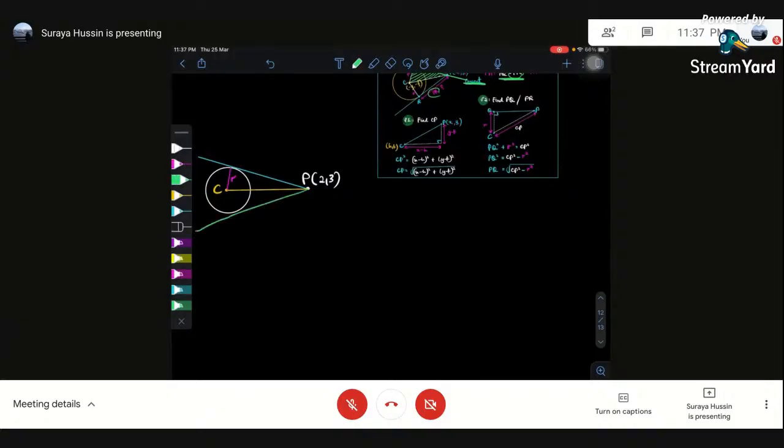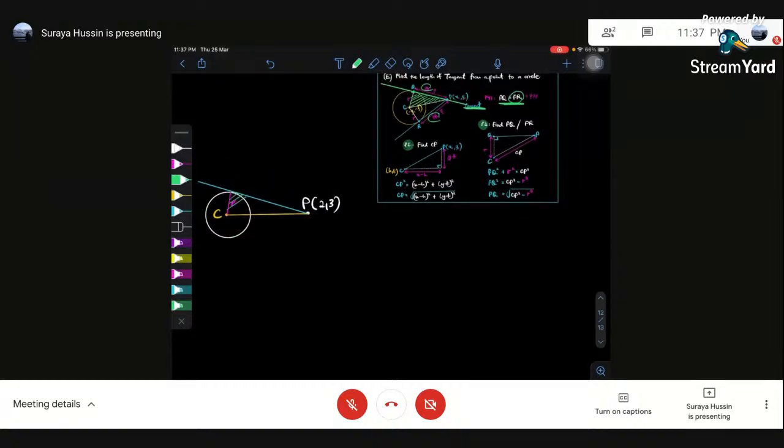Kalau nak buat lagi satu line ni macam seolah-olah nak cari dua-dua, tapi tak perlu. Salah satu je. This is the only region that we are trying to, you faham kan maksud saya? So now yang ini saya labelkan dia sebagai Q. Saya sengaja labelkan sebagai Q. Okay, and yeah, that's it.